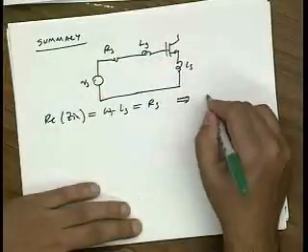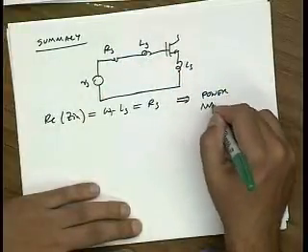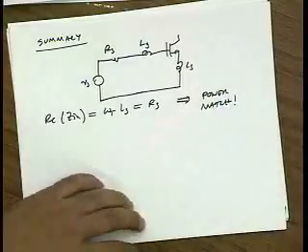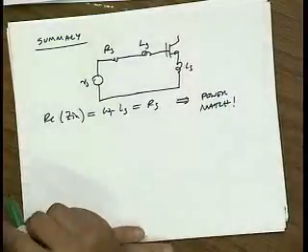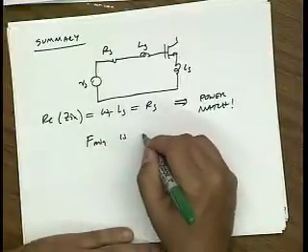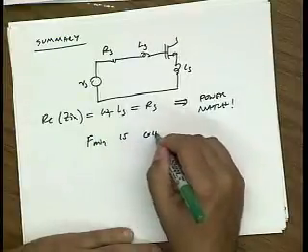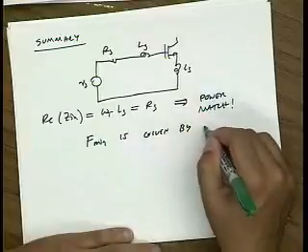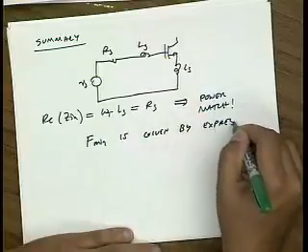And so I can have a power match. And the F-min of the device is given basically by the expression just derived.